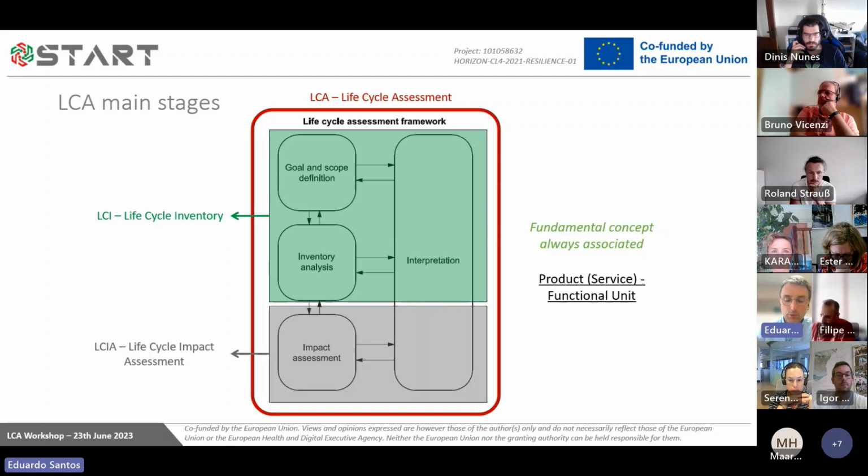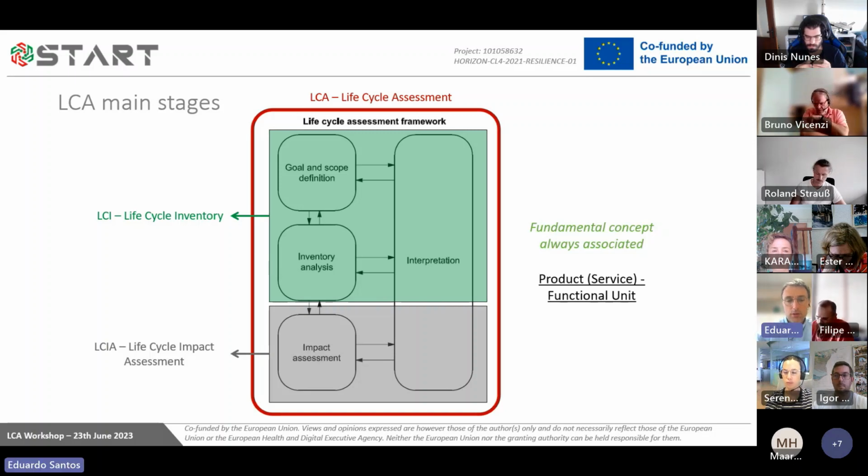Of course, we use a lot of literature data and also databases that we have in our company. But one of the objectives of this task is to do the LCA as close as possible using real data from the field and from the processes and operations that we are using for our project.